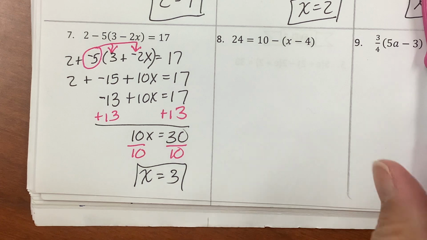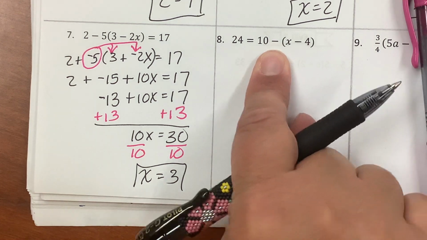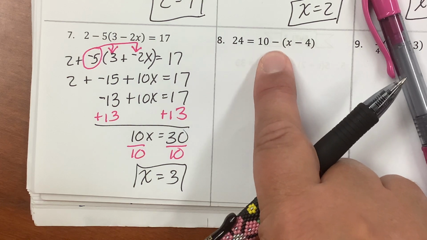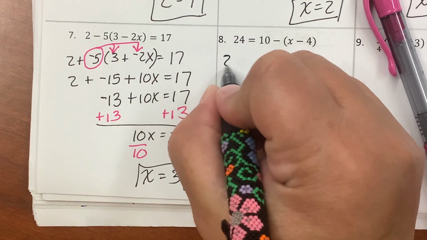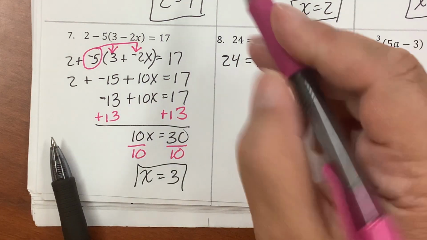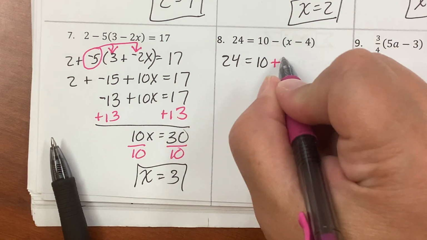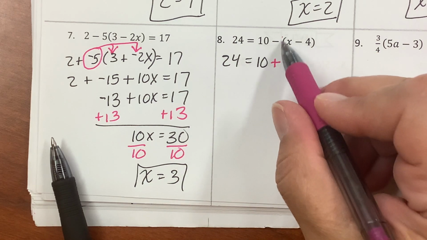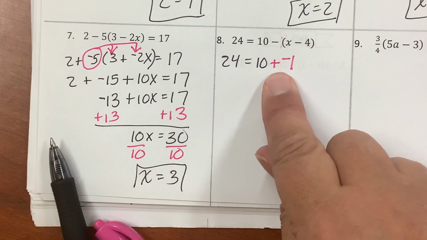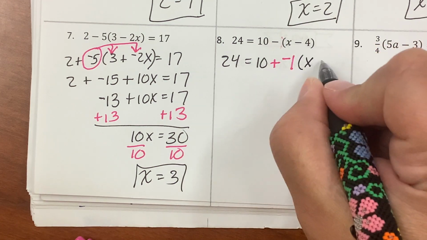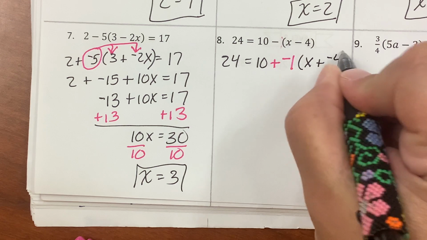Not bad. Over here, look, I have a negative sign in front of the parentheses and no number. Watch. It's going to be 24 equals 10 plus negative 1. There's an invisible 1 right here. And I just made it visible. Times x plus negative 4.